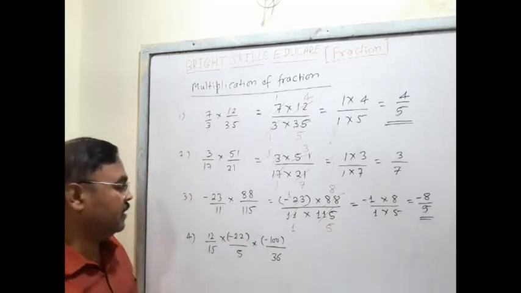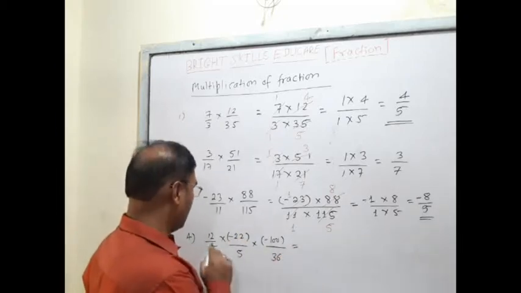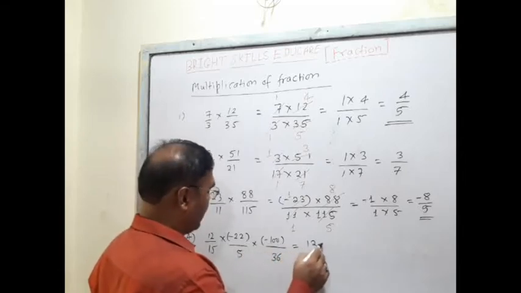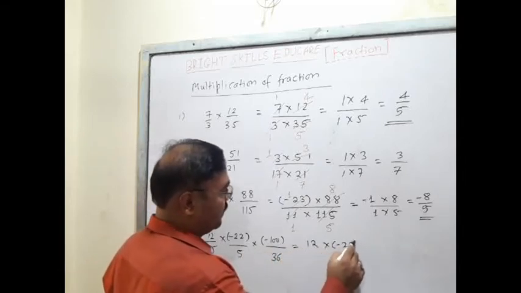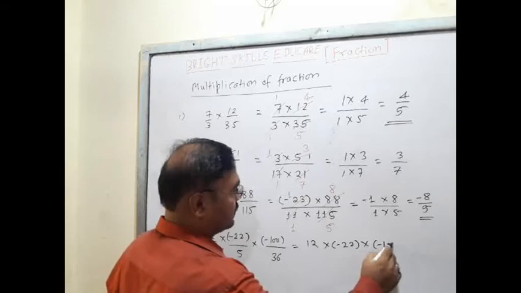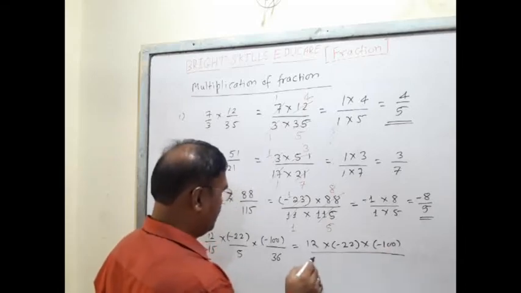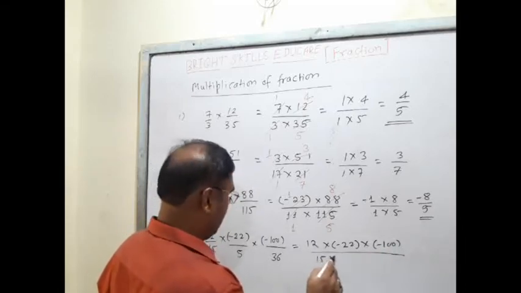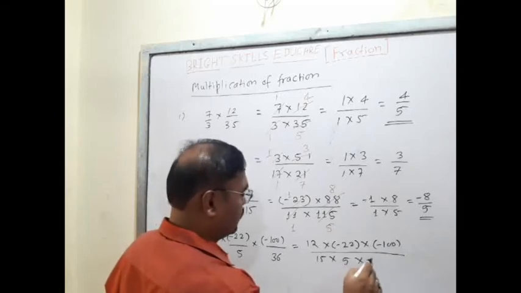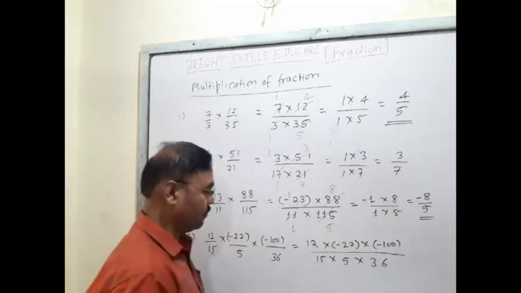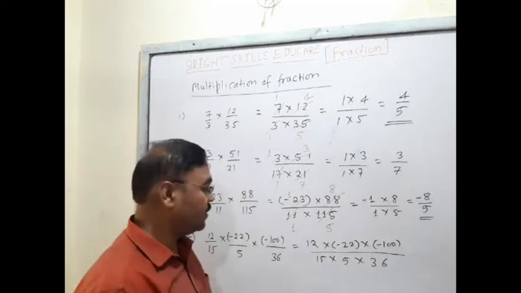Let us multiply these three. See students, 12 into minus 22 into minus 100 upon 15 into 5 into 36. I hope you can do that.